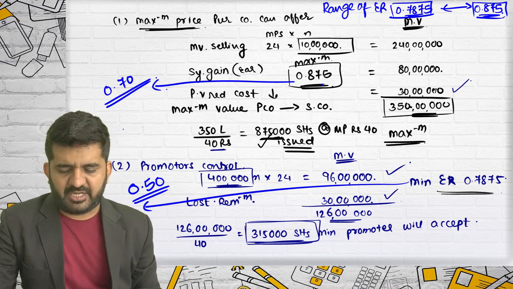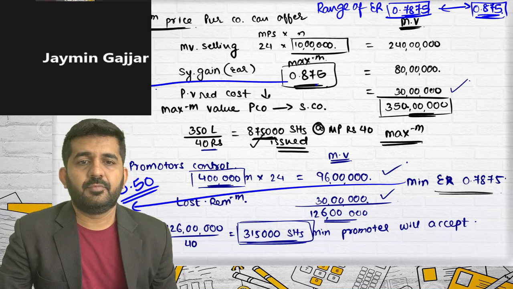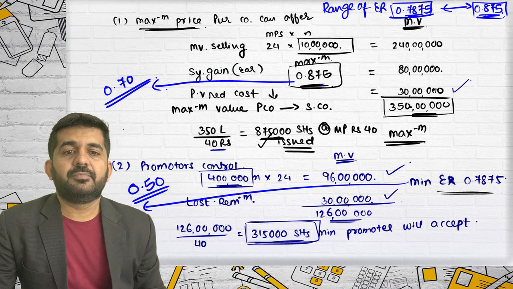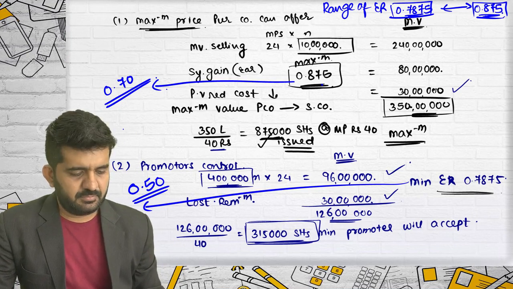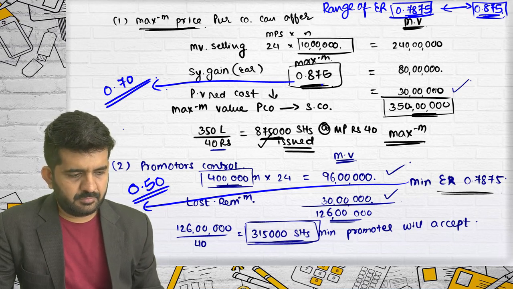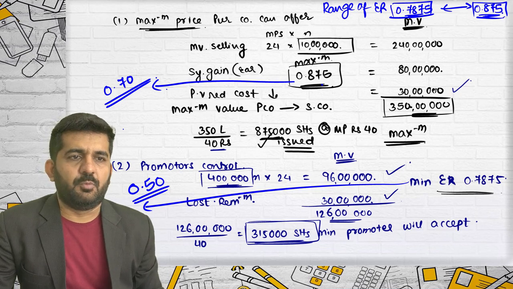Any student can tell me the range. Anyone who can tell me the range? Sir, yes. The minimum exchange ratio offered to promoters is 0.5 and the maximum offer the purchasing company can offer is 0.7. Alright, so the range will be between 0.5 and 0.7.